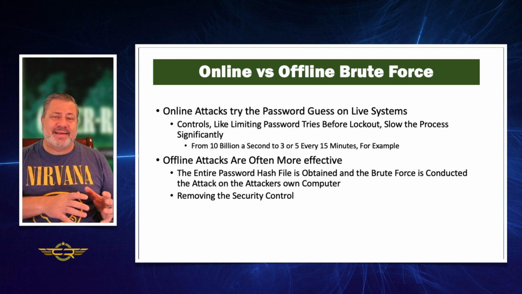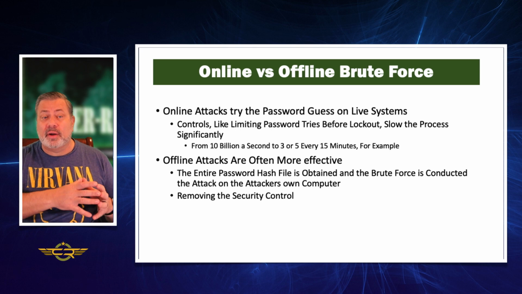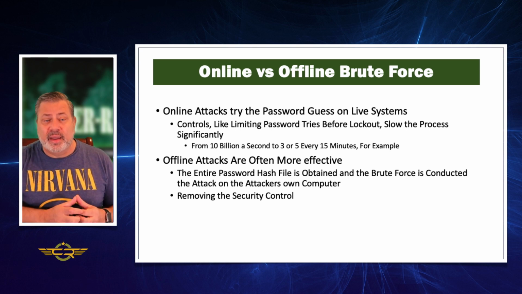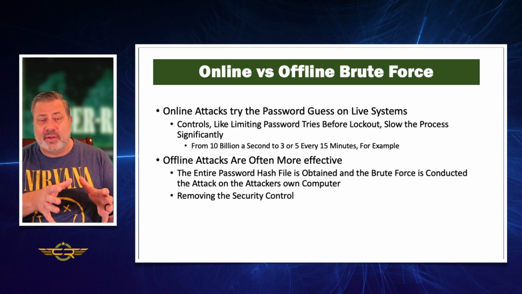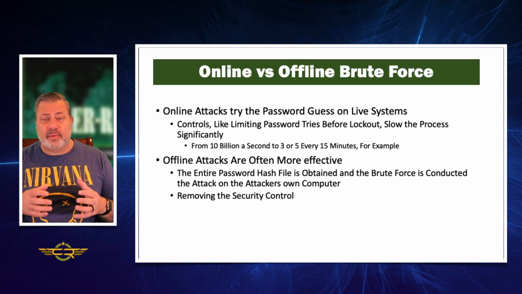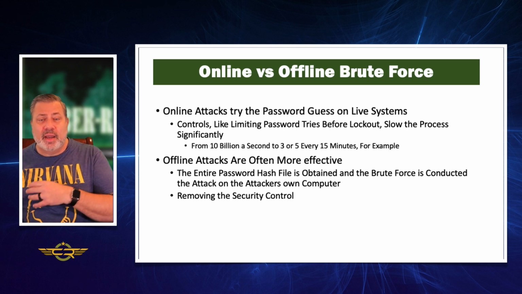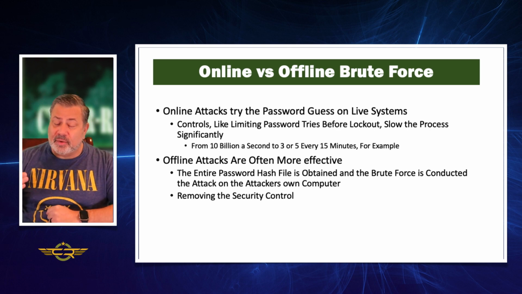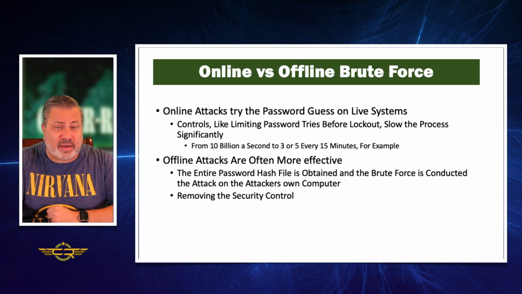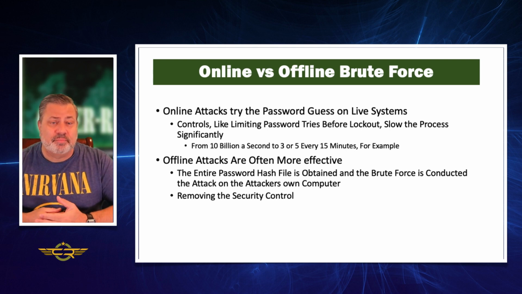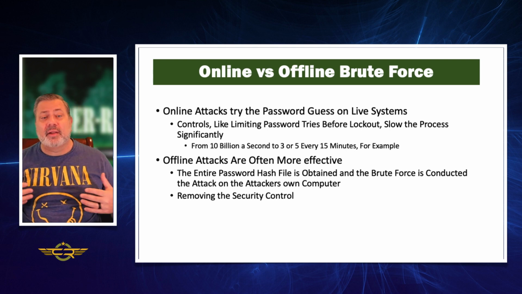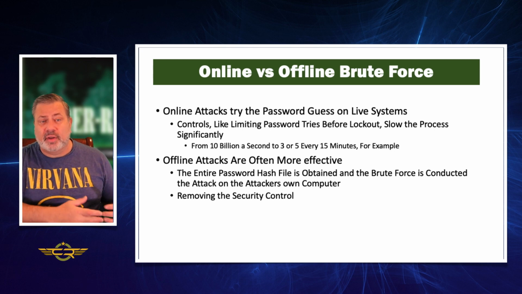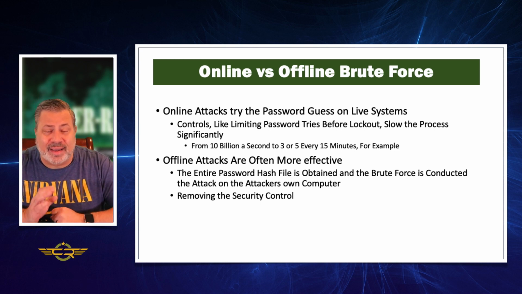An offline attack, on the other hand, is more effective in a brute force attack. This is when I can steal the entire password hash file out of the system and take it to my computer and then run a brute force attack on it. And that's when I can use that system that has the ability to do 10 billion passwords a second, and I can just beat that password file up until I start finding passwords, and then I can use them to attack the system.